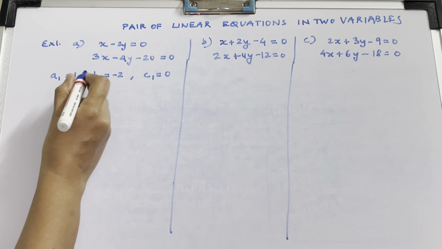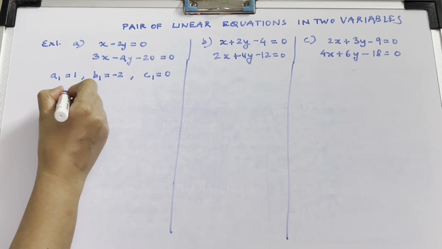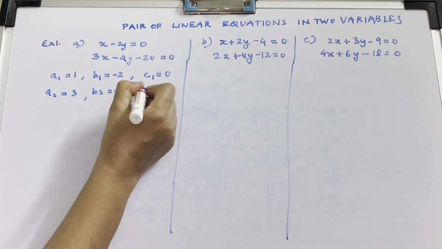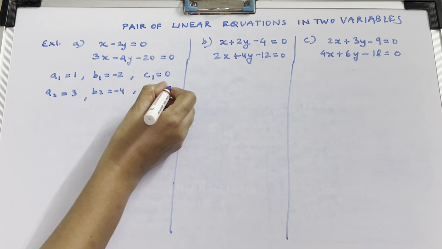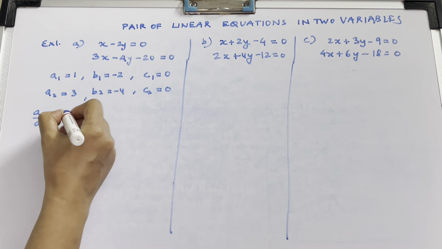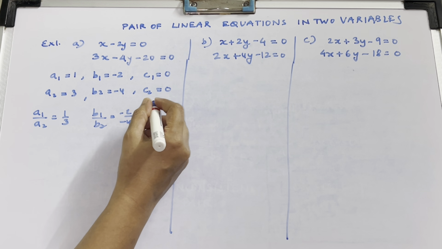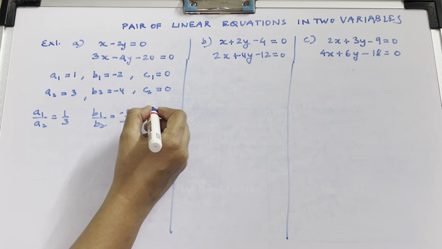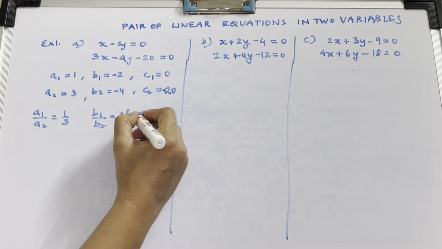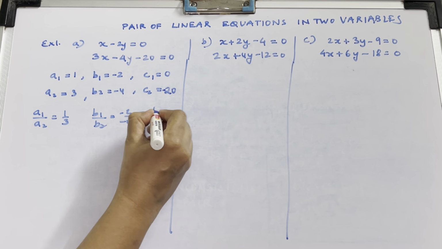In the second equation, a2 is equal to 3, b2 is equal to -4 and c2 is equal to 0. Now we calculate a1 upon a2 as 1 by 3, b1 upon b2 is equal to -2 upon -4, which is equal to half.